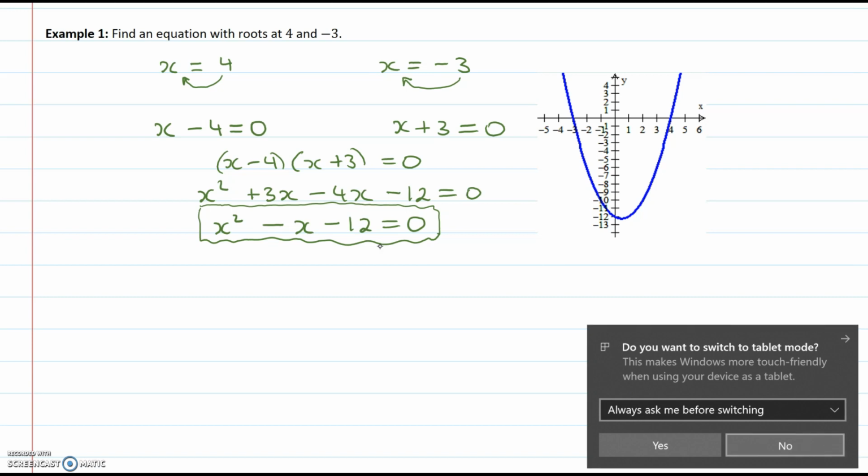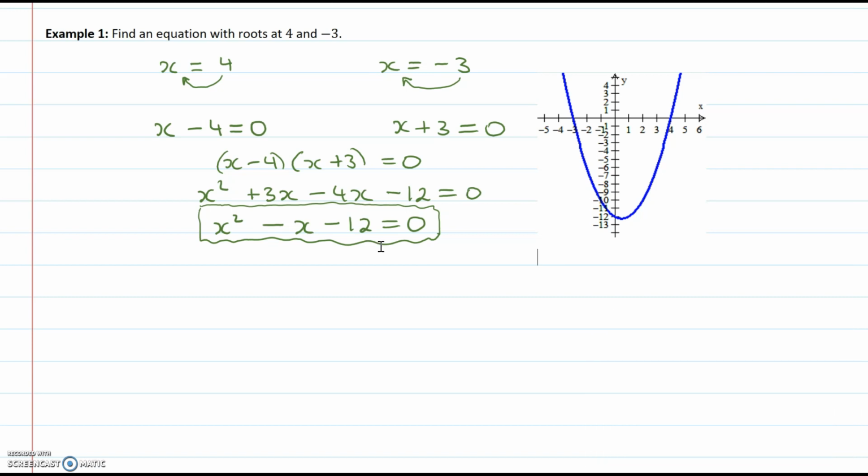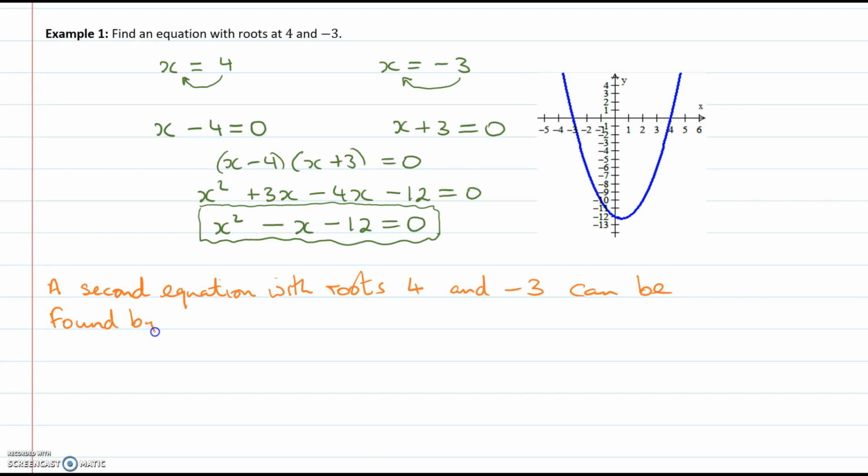Let's go on with this a few minutes. One of the other things that we're going to look at here is, is there another equation? One way to find a second equation with these roots, 4 and -3, can be found by simply changing all the signs in your answer.